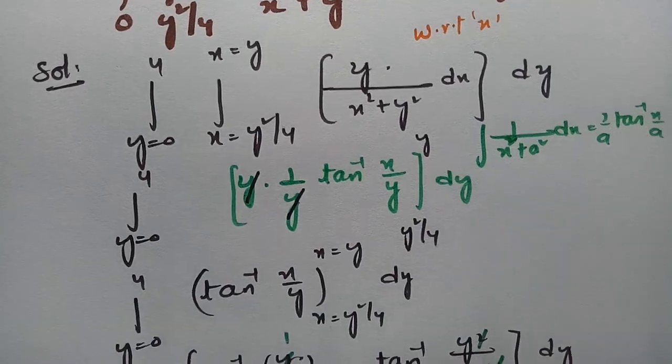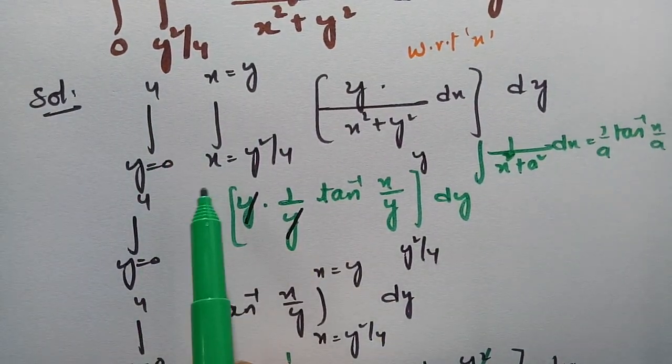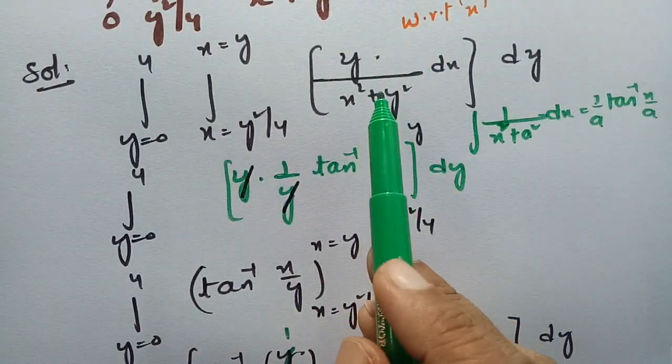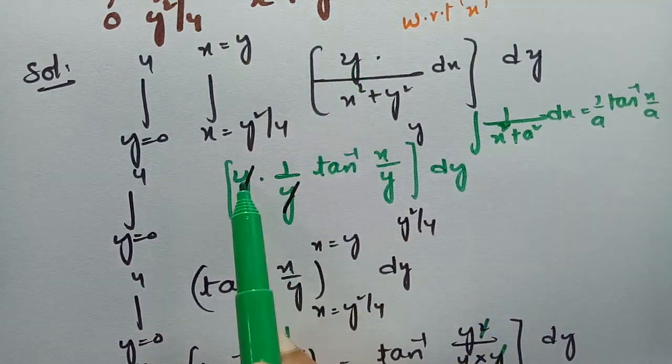I'll explain once again. These are the y limits and these are the x limits. First of all, we have to integrate this with respect to x. With respect to x, y will be constant.